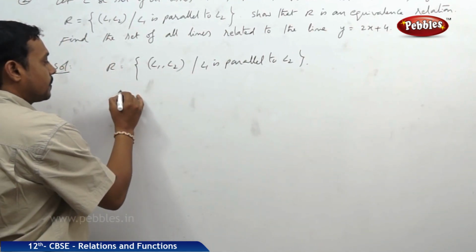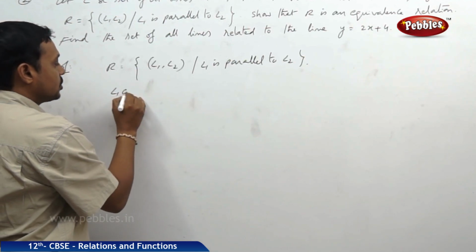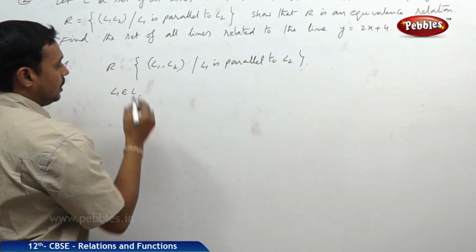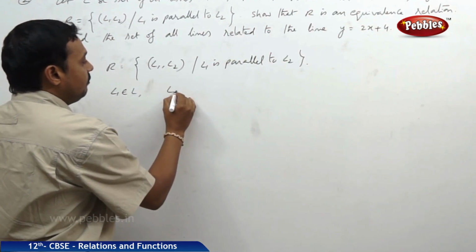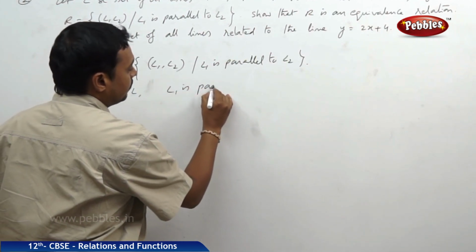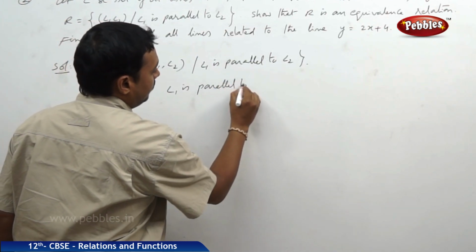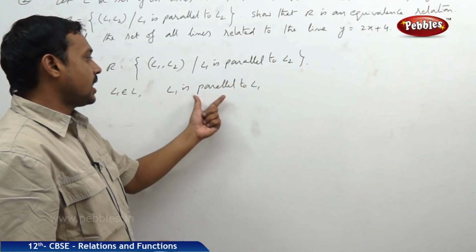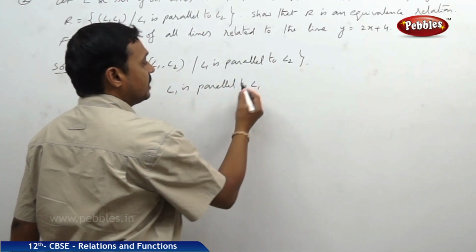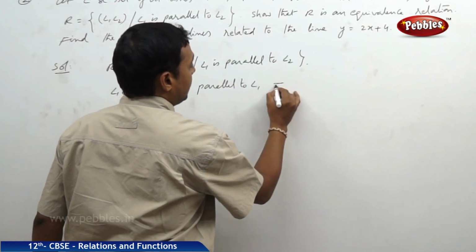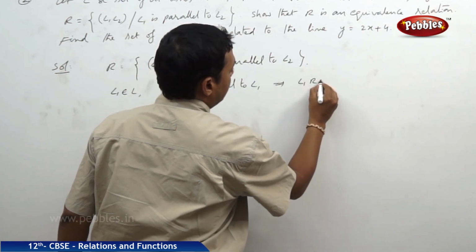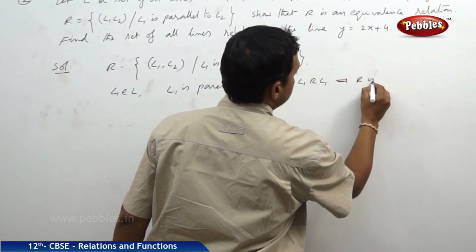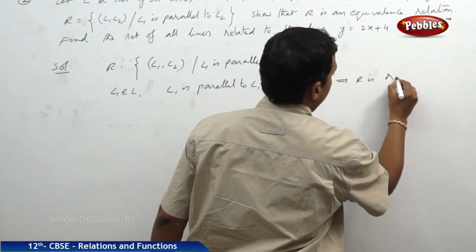For that, L1 belongs to L, then L1 is parallel to L1. Yes, obviously. So every line is parallel to itself. Therefore, L1 is parallel to L1. This implies that L1 is related to L1. Hence, the relation R is reflexive.